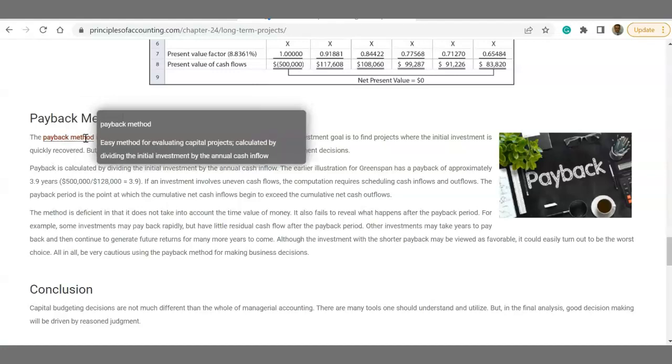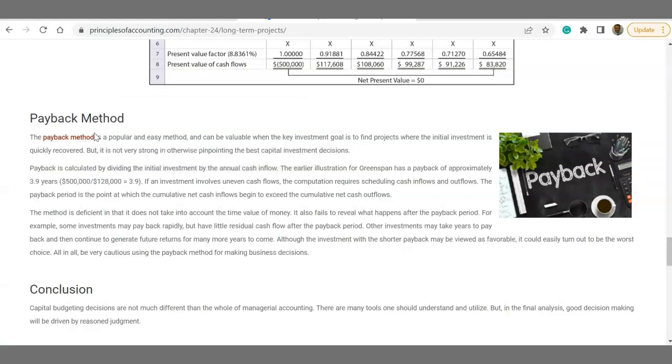The payback method is also good, but it's not perfect because it's not considering the present value calculation. It's an easy method for evaluating capital projects, calculated by dividing the initial investment by the annual cash flow.